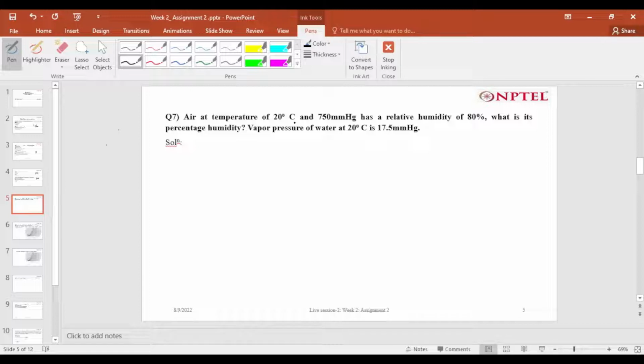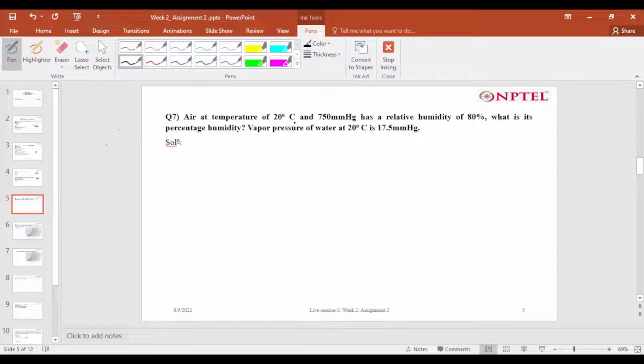Now P by EAV, this is the relative humidity. EA is equal to EAV, already given. Now, by E plus EA, 200.